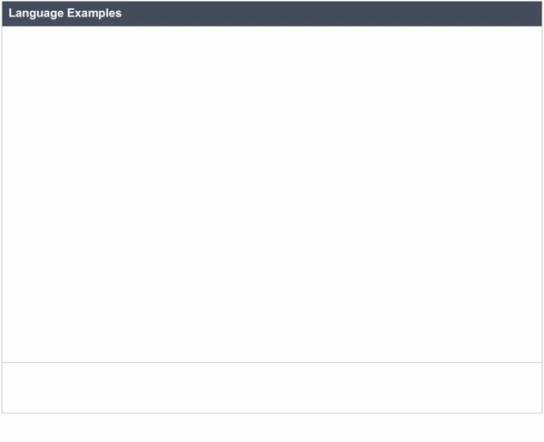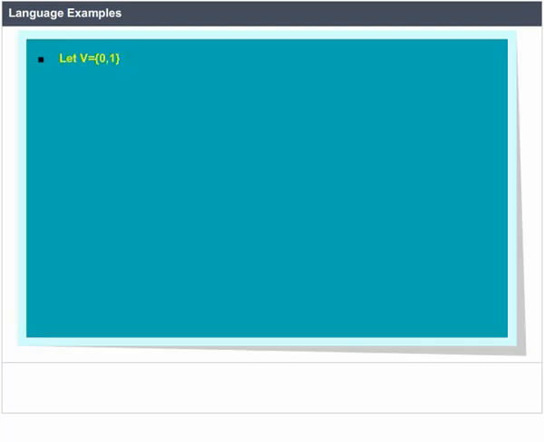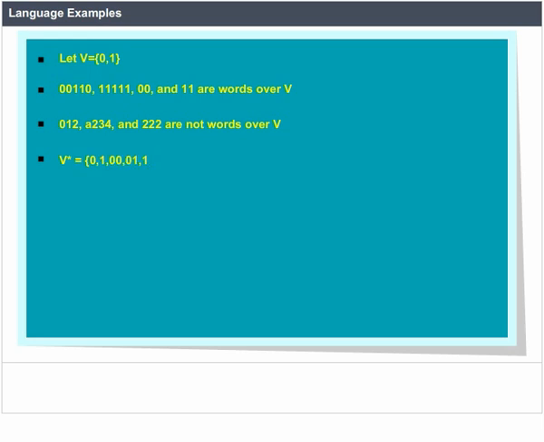Language examples. Let V equal to {0, 1}. 0, 001, 10, 1, 11111, 00 and 11 are words over V. 012, a234 and 222 are not words over V. V star equal to {lambda, 0, 1, 00, 01, 10, 11, 000, etc.}.